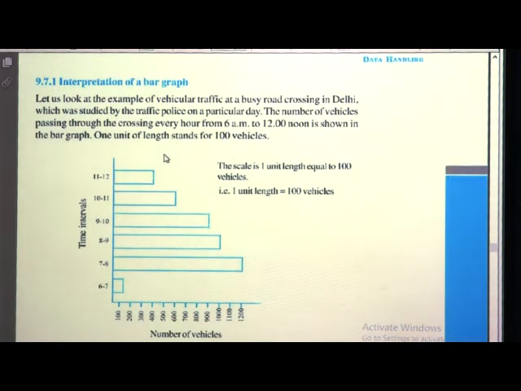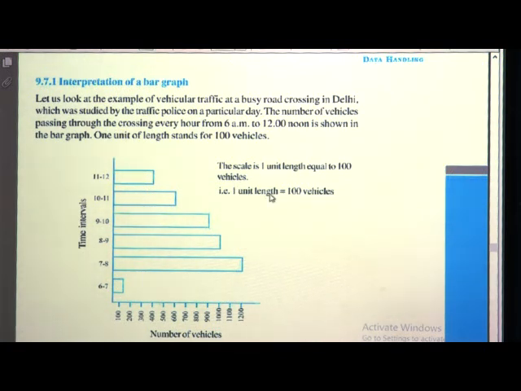So 1 unit of length, here we have to measure the scale. As you have seen in the bar graph, we have small square boxes. So one scale, 1 unit length, is equal to 100 vehicles. One box is nothing but 100 vehicles.